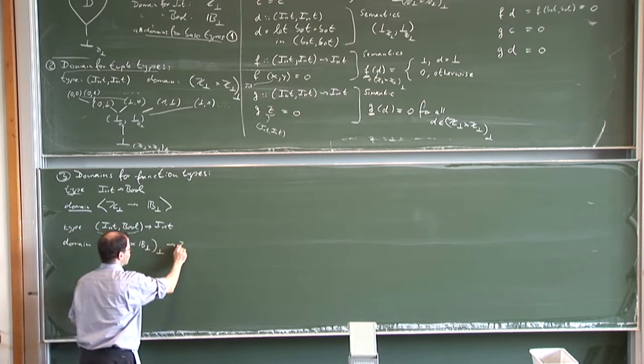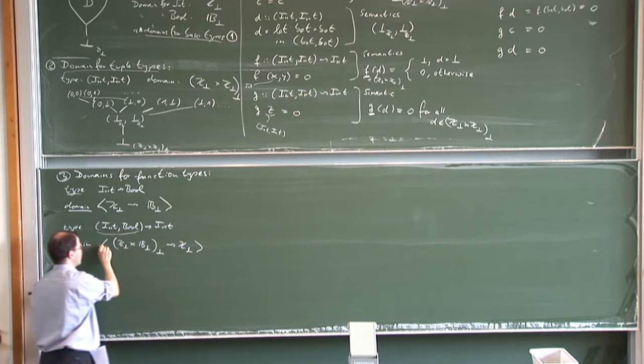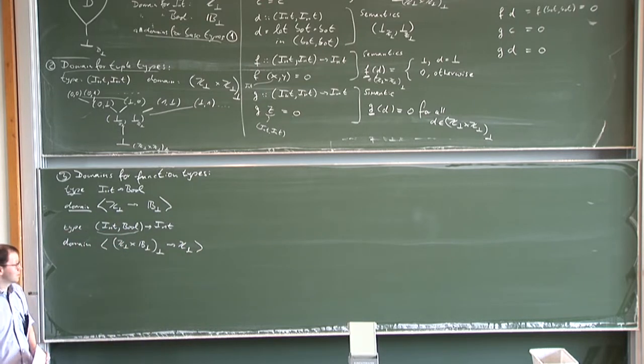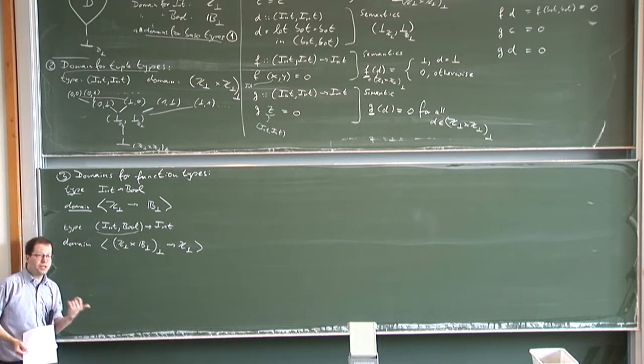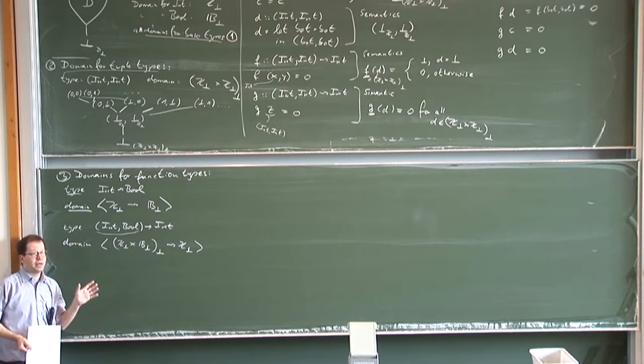And then you take all the functions to Z bottom, but only those that are continuous. So this is the general rule. Now we know how for any type which uses the predefined base types and builds new types by tupling or by the arrow function constructor, you can get the new corresponding domain.